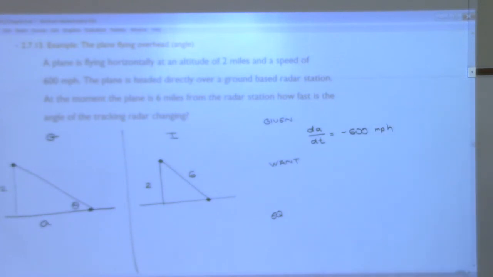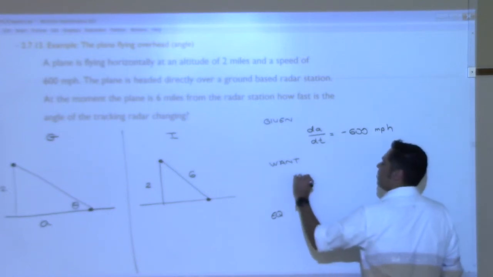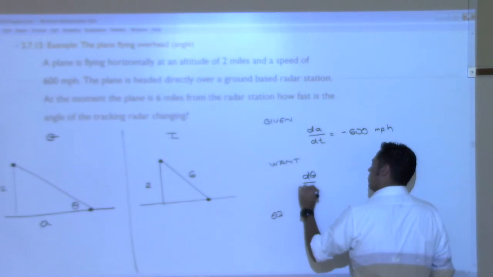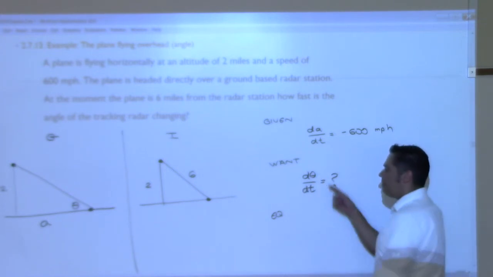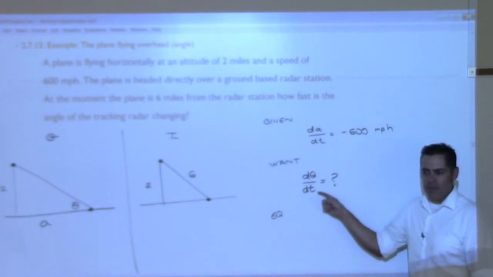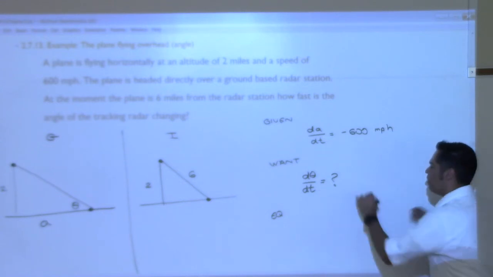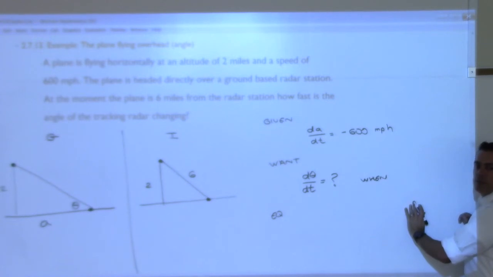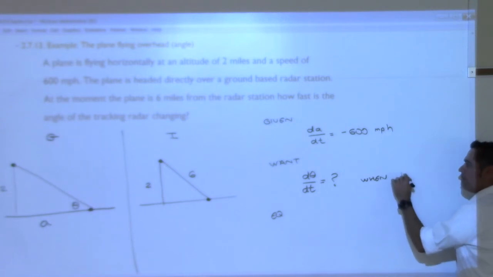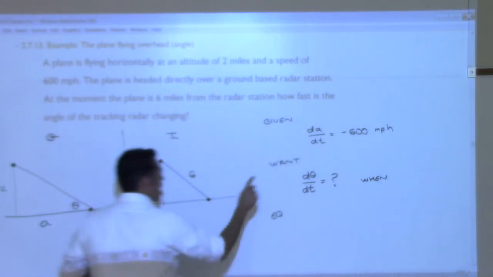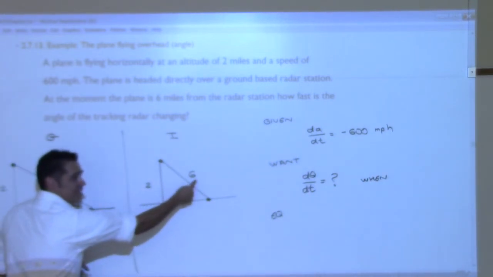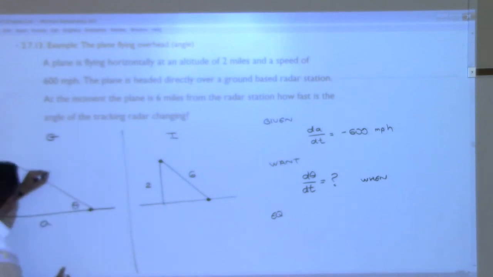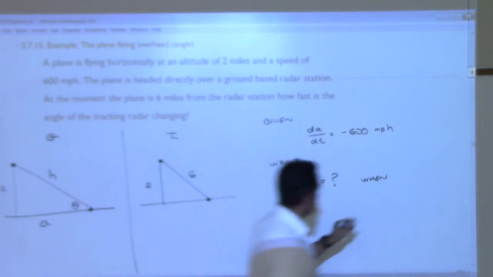The rate at which the angle is changing. d theta dt is what we want. How fast does the angle change with respect to time? And when do we want that? When what's equal to 6? When, yeah, we haven't labeled that, have we? So we better label it. So we want to know how fast the angle's changing when that's 6, but we never labeled it over here, so let's call this h, and we'll just say over here when h is 6.